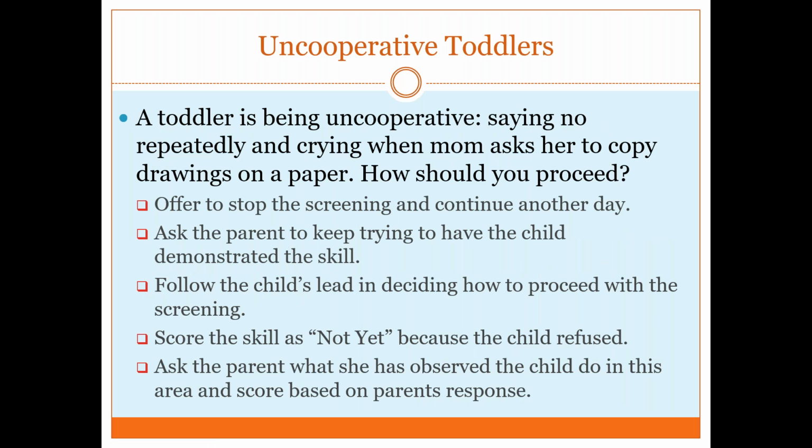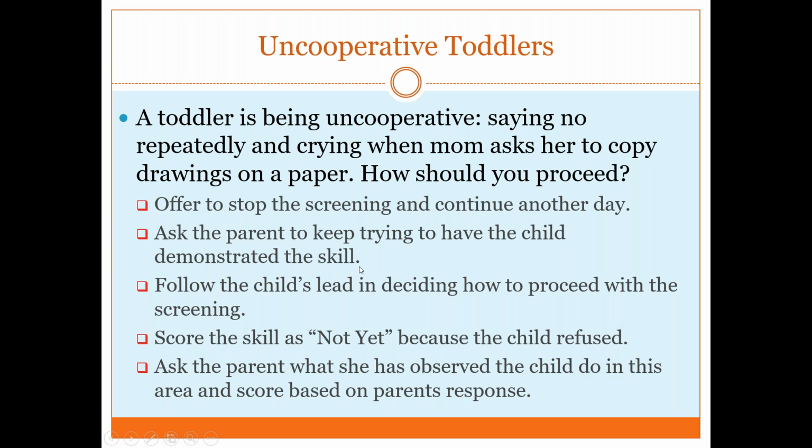All right, here's a quiz question. What happens if you have an uncooperative toddler? That is, a toddler is just saying no repeatedly and crying when the mom asks her to copy drawings on a paper. How can you proceed given this situation, which you may very well encounter? Should you offer to stop the screening and continue another day?